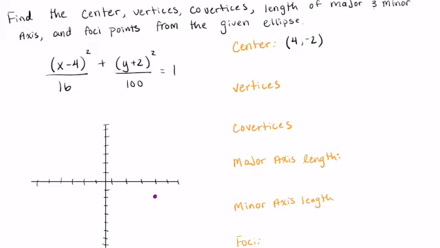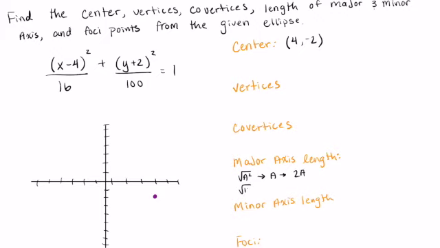And then I want to find my vertices. It's a little bit easier for me if I find my major axis and my minor axis first. So my major axis, if I recall, is the square root of a squared. I'm going to take that value of a and multiply it times 2.